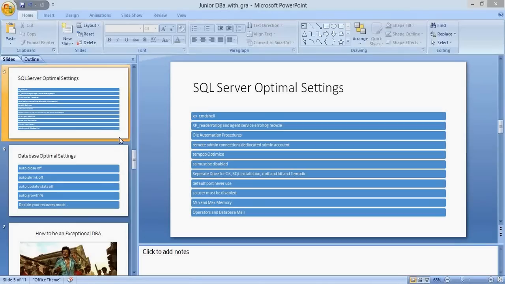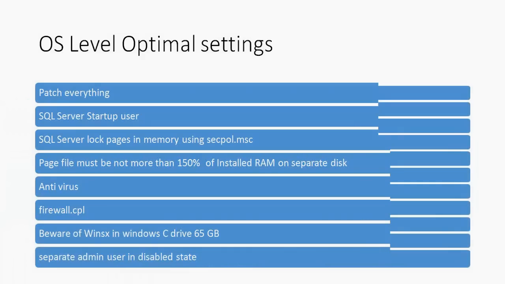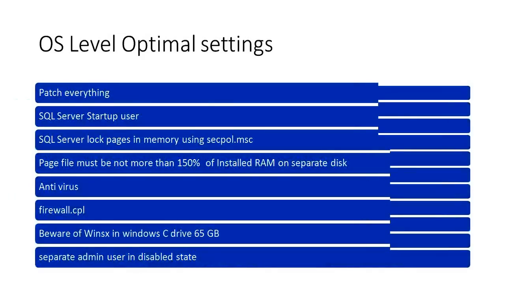Let us go back to the screen. OLE automation, remote desktop, remote admin connection, which is also called a dedicated admin account. How do you configure it and why do we use it?